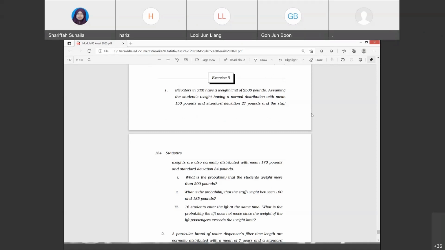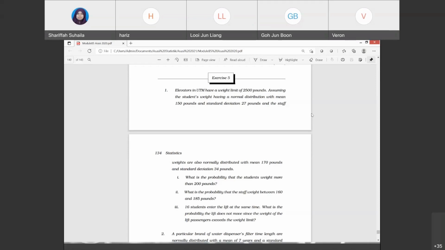Assuming that the students' weight has a normal distribution with mean 150 pounds and standard deviation 27, and the staff weights are normally distributed with mean 170 and standard deviation 34. The first question you want to solve is: what is the probability that a student weighs more than 200 pounds?